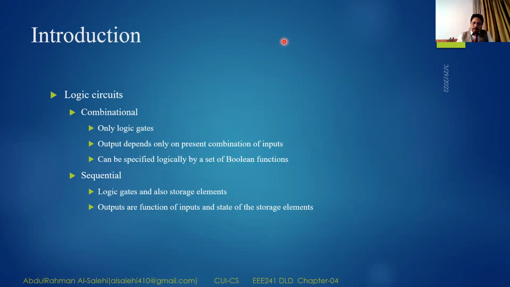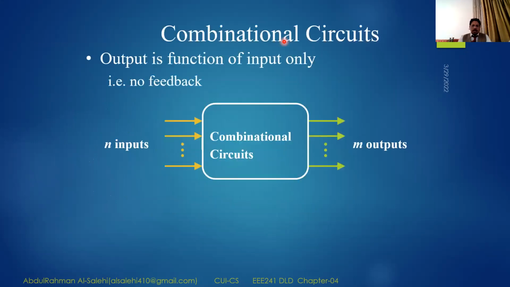For example, look here, this is the output function of the combinational circuit. Here I have my inputs. When these n inputs give me m outputs without any feedback or any storage of data, this is called a combinational circuit.